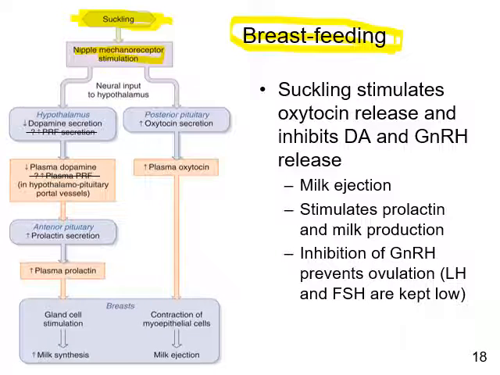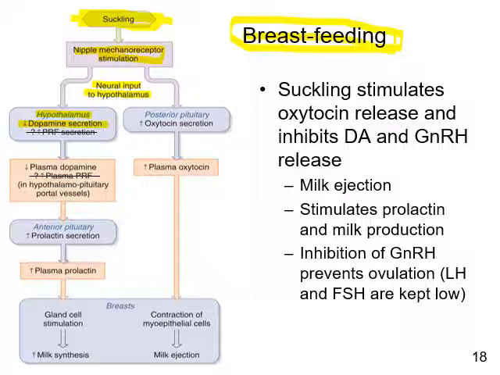Mechanosensation of the nipple then triggers input to the hypothalamus. The smell of the baby, the look of the baby, and the physical stimulation of the baby at the breast trigger the brain to tell the hypothalamus to inhibit dopamine secretion.